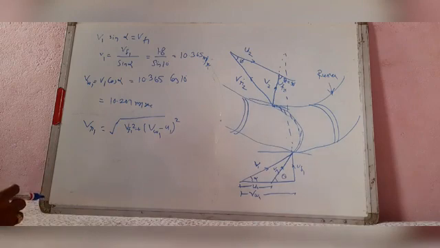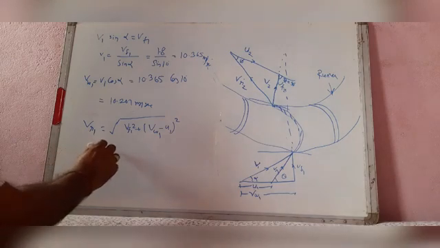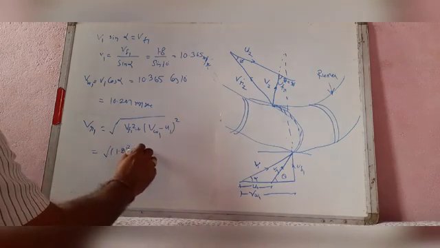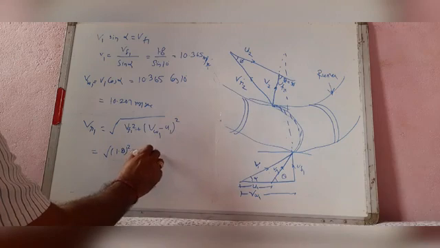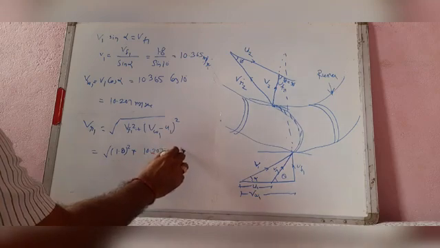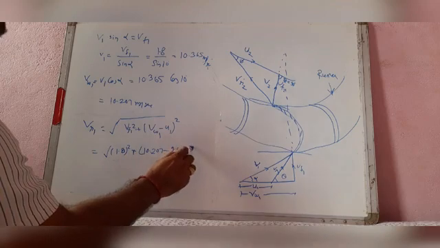I was checking that this is 1.8, so the value is taken as 1.8 meter per second. Putting the values, square root of 1.8 square plus (10.207 minus 9.424) square.